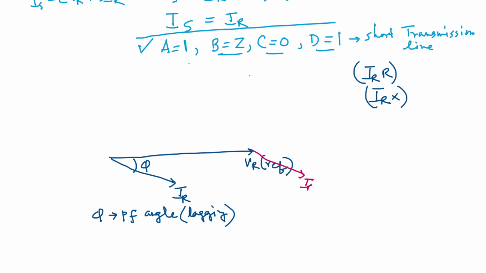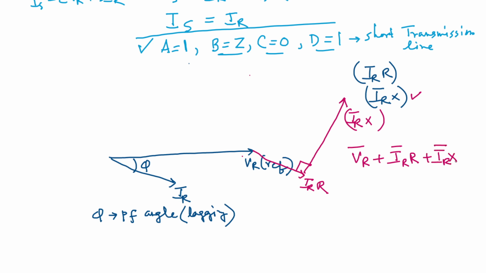Ir into X is the reactive drop, so it should be 90 degrees leading. The phasor summation of Vr, plus Ir into R, plus Ir into X will give you Vs. So this phasor is Vs.